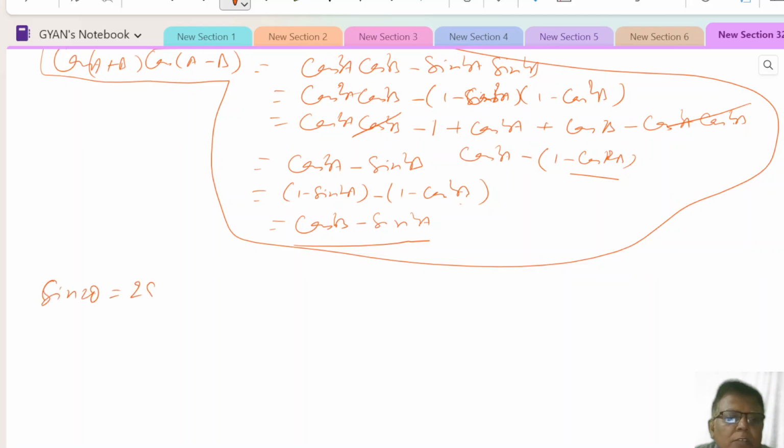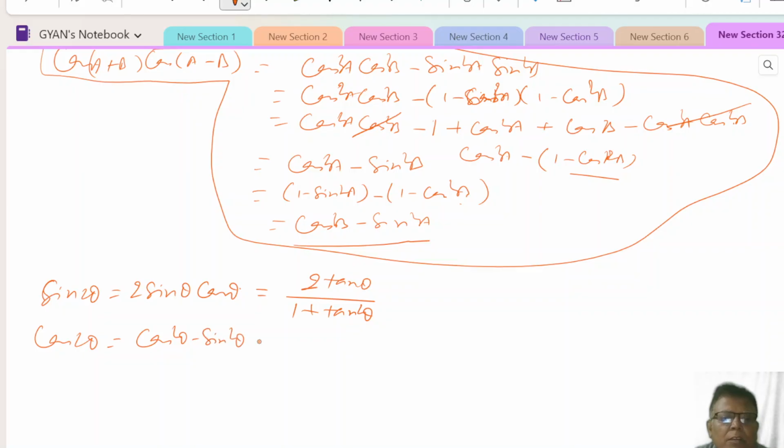Sine 2 theta is equal to 2 sine theta into cos theta, is equal to 2 tan theta divided by (1 plus tan square theta), and cos 2 theta is equal to cos square theta minus sin square theta, and that is equal to (1 minus tan square theta) divided by (1 plus tan square theta).